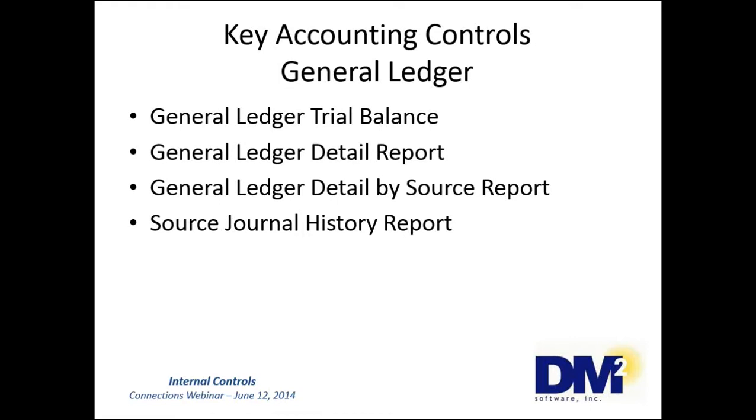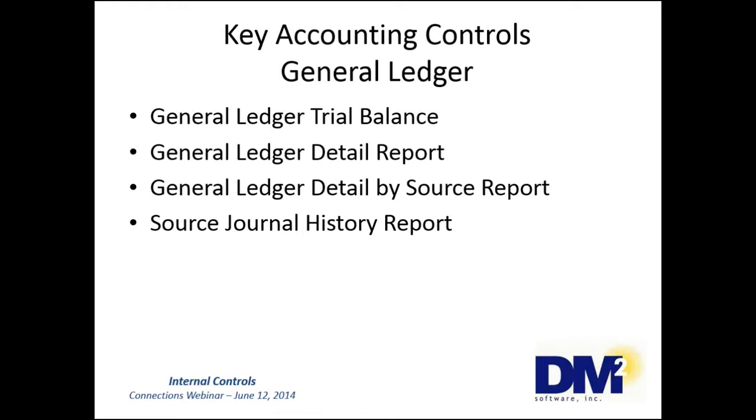General Ledger Detail by Source Report provides a recap of general ledger transactions sorted by source journal, posting date, and entry number. This report is helpful when the source journal is known for an entry, but you do not know which accounts were affected. The Source Journal History Report provides valuable information about transactions affecting a specific source journal or range of source journals.